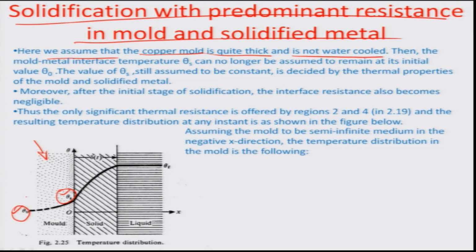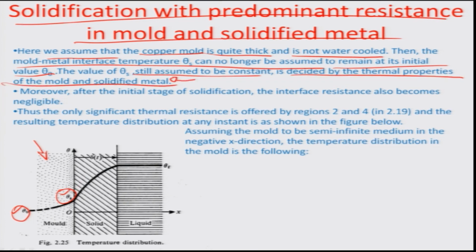So, in the mold metal interface the temperature theta s can no longer be assumed to remain at its initial value theta naught. So, obviously theta s will change, and theta s, still assumed to be constant, is decided by the thermal properties of the mold and the solidified metal, and moreover after the initial stage of solidification the interface resistance also becomes very negligible.